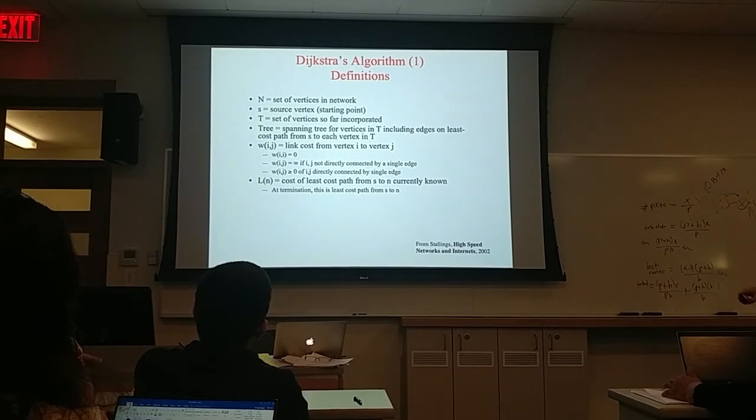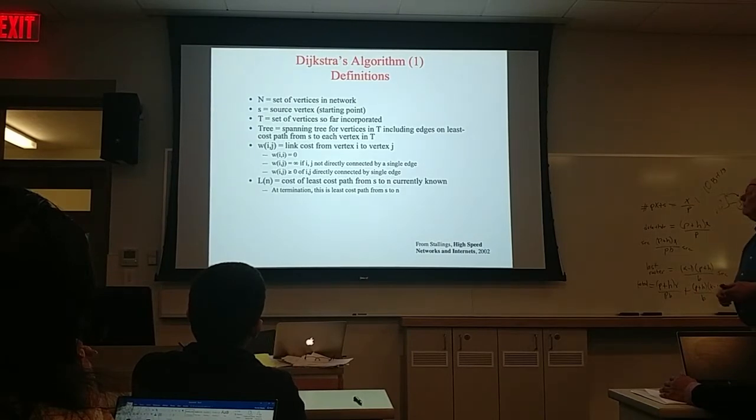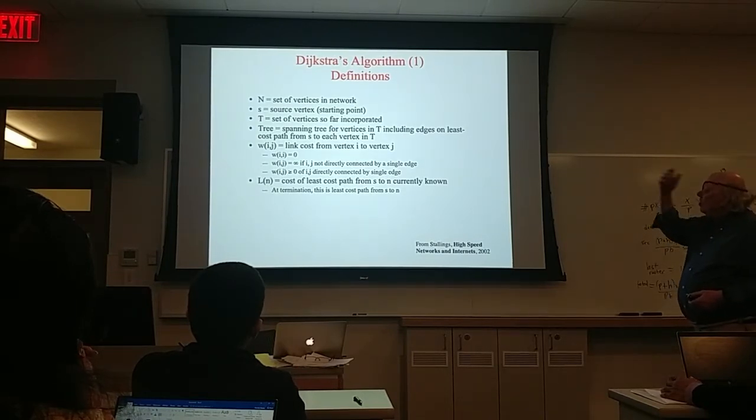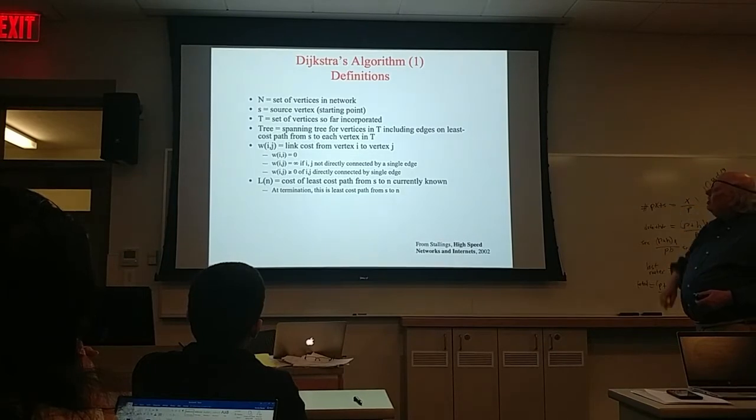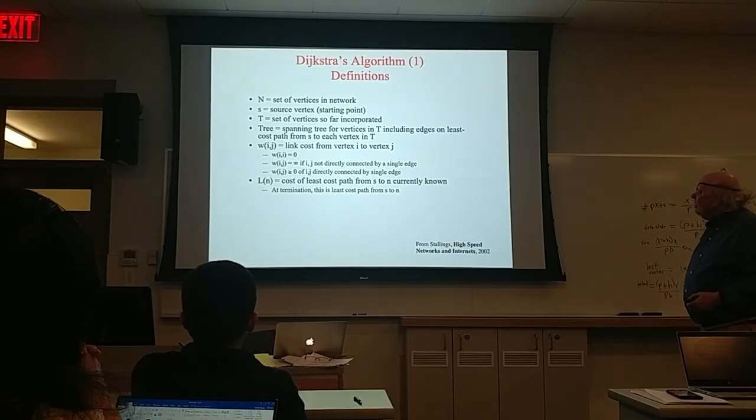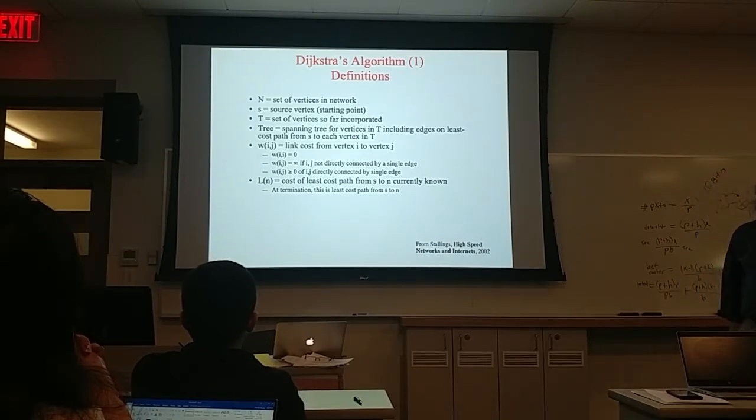I'm using the version from Stallings because I thought it was clearer than the one in Tanenbaum. So, we start off. We have a set of n vertices. S is the source vertex. T is the set of vertices so far incorporated into our solution.